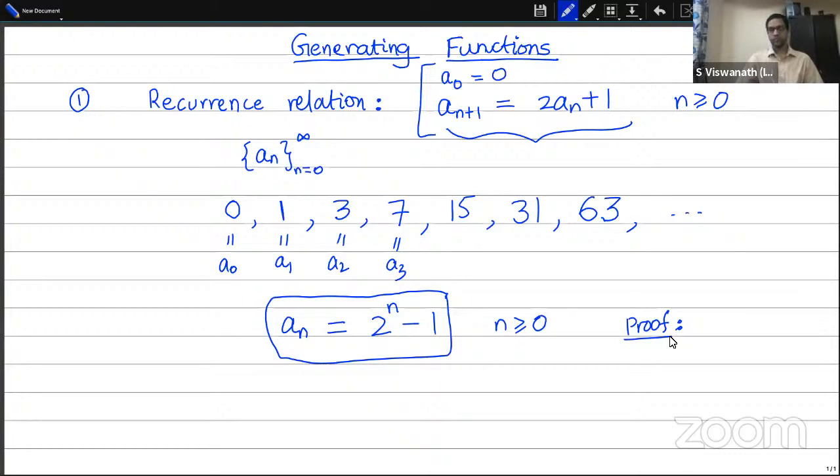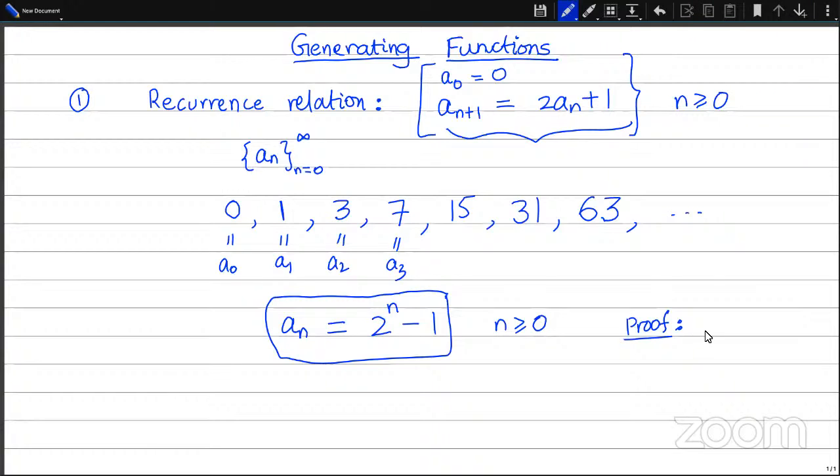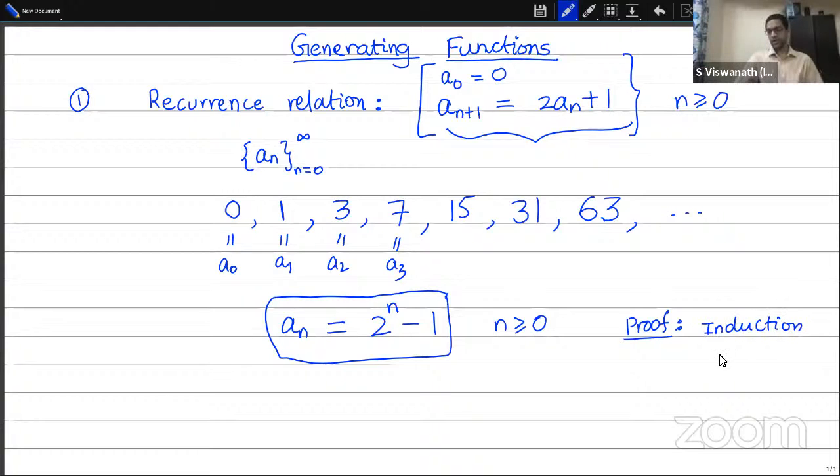But if we want a proper formal proof, then given this data, you can only start with what's given. By induction, wonderful. So induction on n is the most obvious way to proceed.